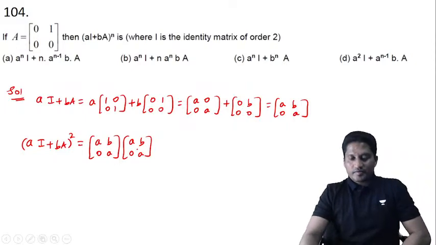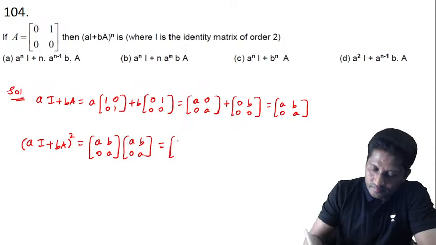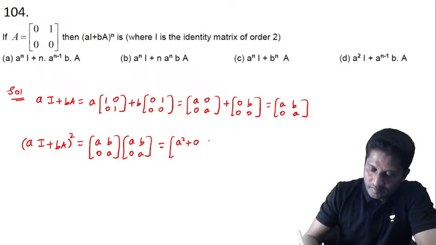Now if I multiply this, we get A square plus 0, and then AB plus AB is 2AB. This is 0, and then you get A square.